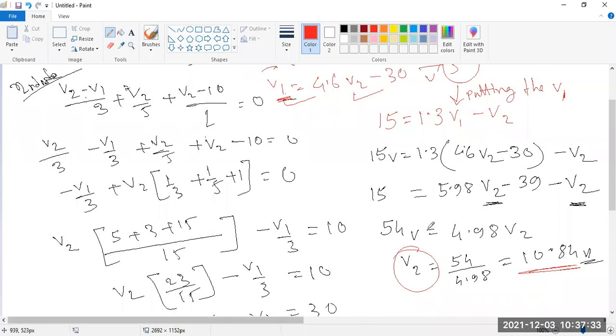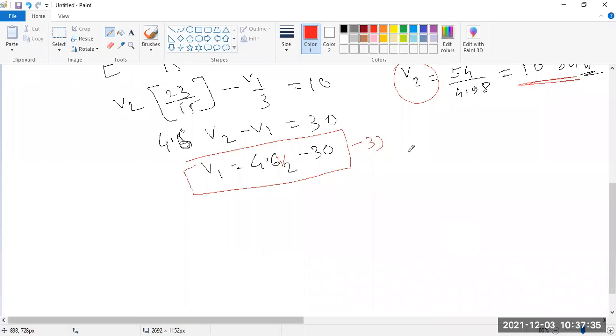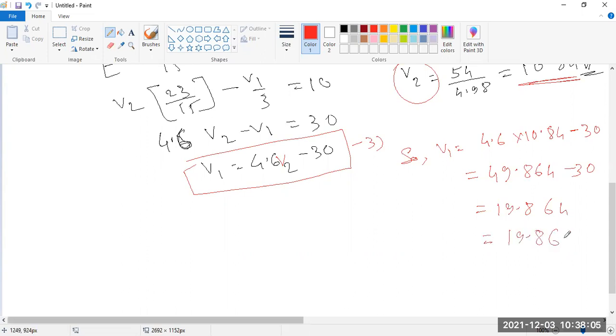So V1 equal to 4.6 into the value of V2, 10.84, minus 30, it is coming 49.8 minus 30 equal to 19.864, means it is coming 19.86.